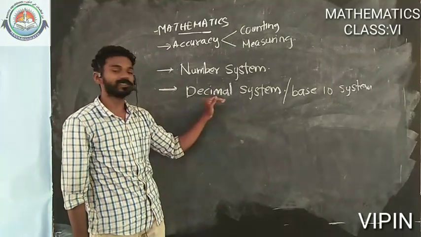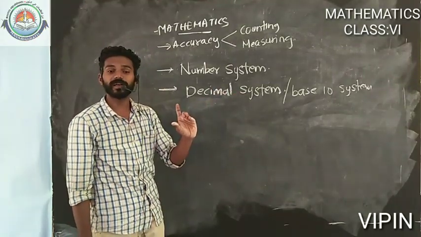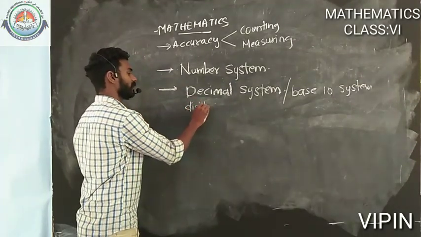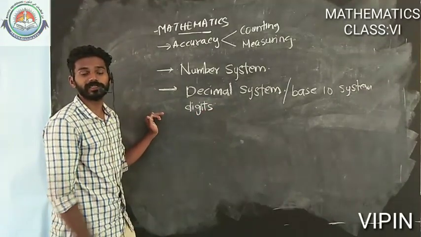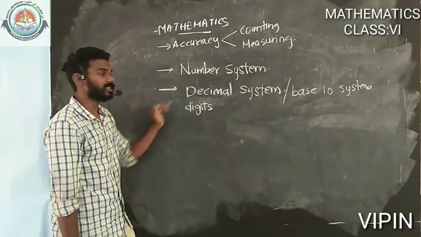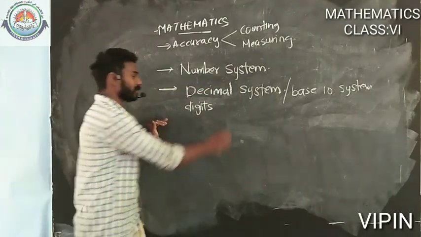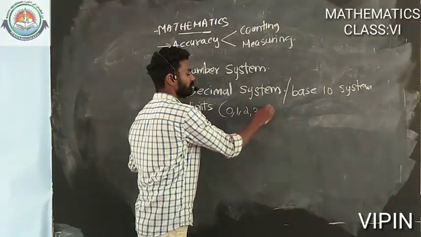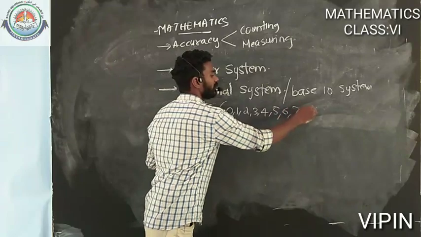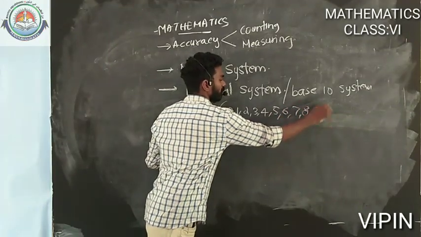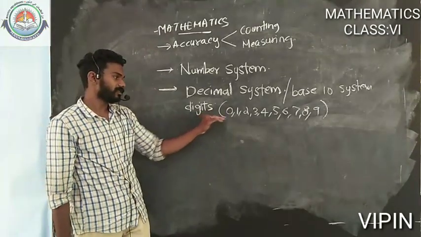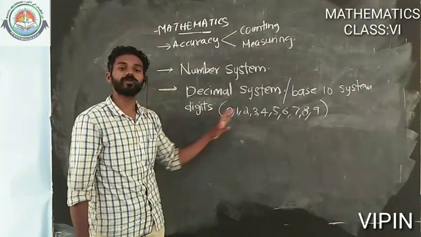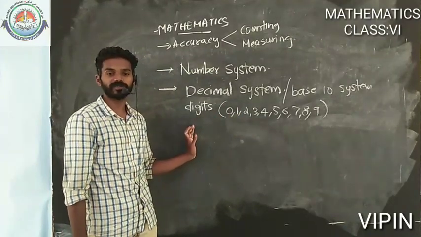Because in a decimal system, there are 10 symbols which are called digits. And those digits are used to construct all types of numbers in the decimal system. And which are those 10 digits? It starts from 0, 1, 2, 3, 4, 5, 6, 7, 8, 9. That's all. The 10 symbols are called digits. And they are arranged in different manner to obtain different types of numbers.